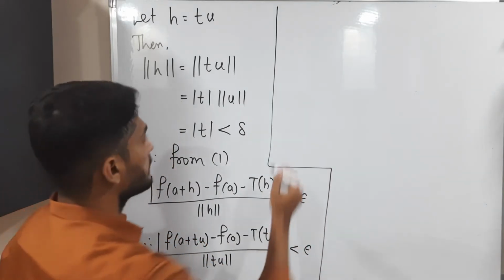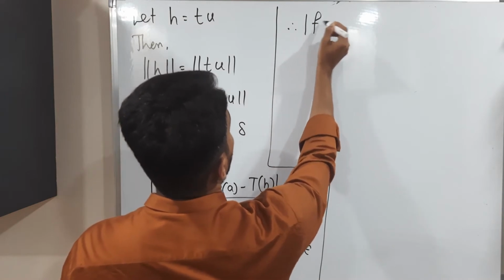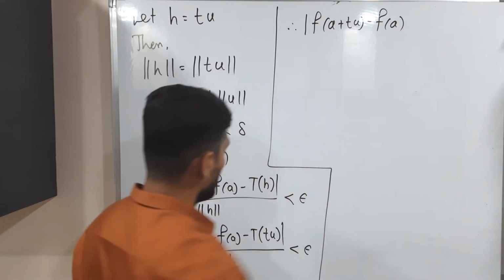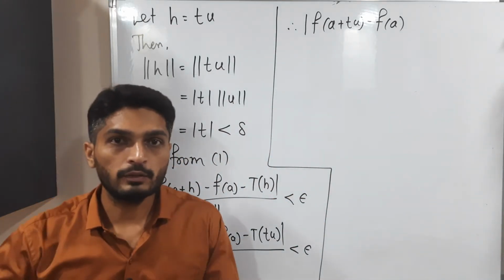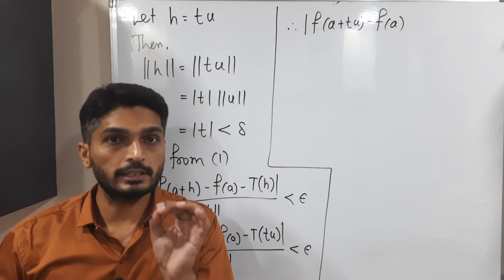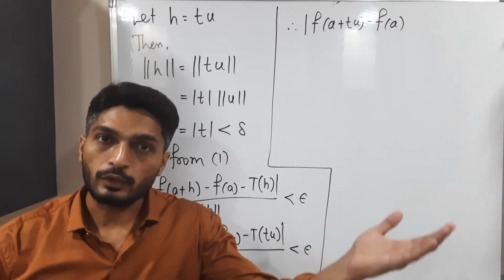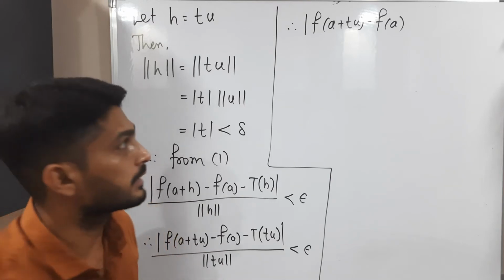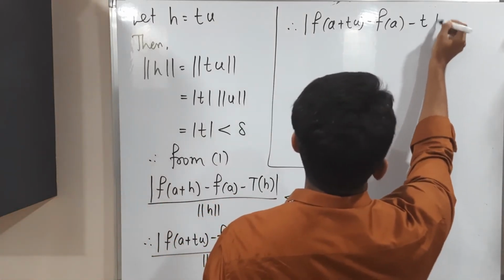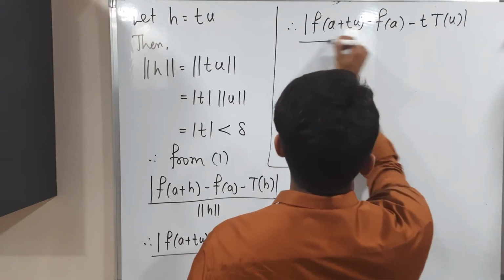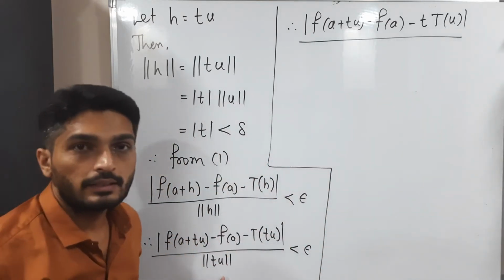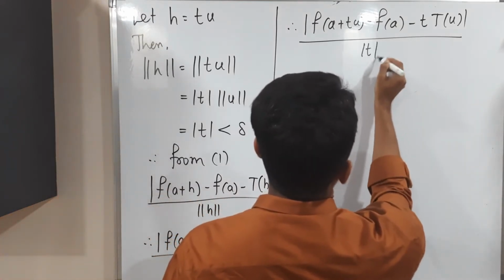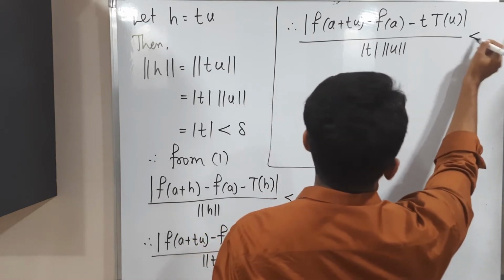Therefore, mod f of a plus tu minus f of a minus T of tu. T is a linear transformation, and when you consider a linear transformation, if there is any constant inside it, you can take it outside. Similarly, t is a constant which is a real number, so it will come outside T. So minus t times T of u, divided by, here also t is a real number, so it can come outside the norm, mod t norm u, less than epsilon.